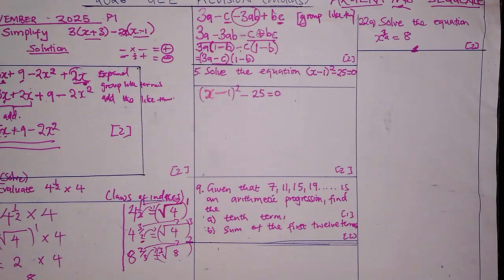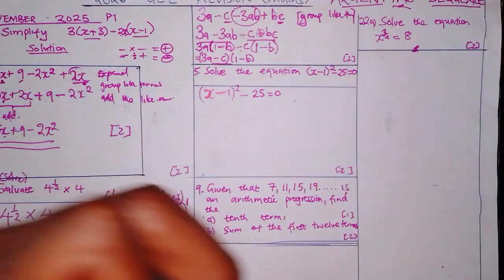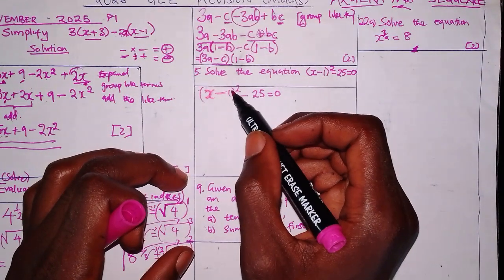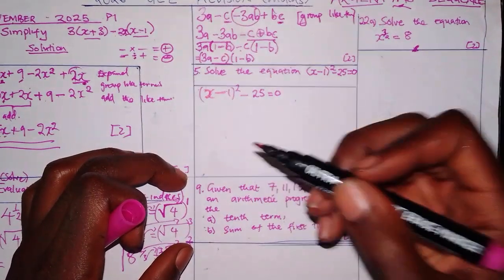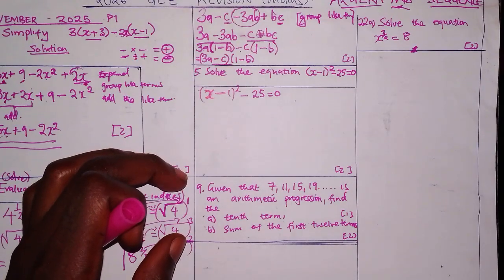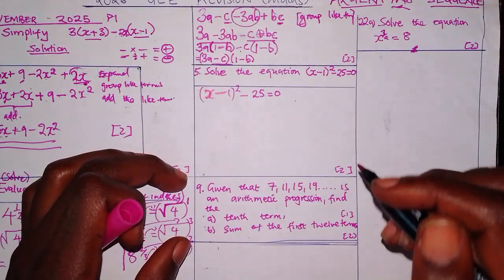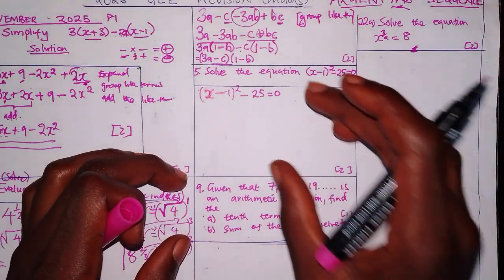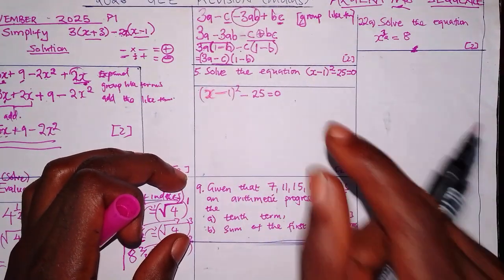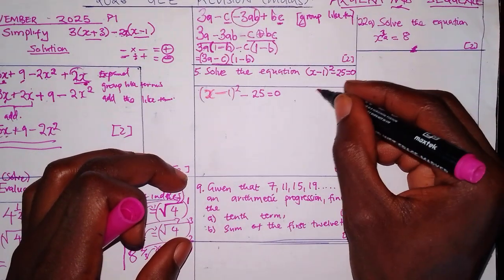So whenever you have a quadratic equation, this is what we call a quadratic equation because it has a 2. So whenever you have a 2, it is known as a quadratic. Whenever it has a 3, it is known as a cubic. So what you need to understand here is that whenever you have what is called a quadratic equation, your first thing is you should have 2 answers.